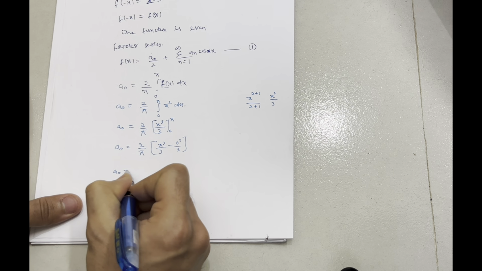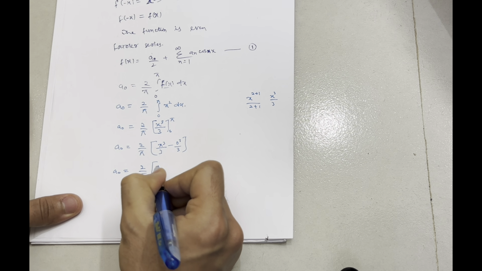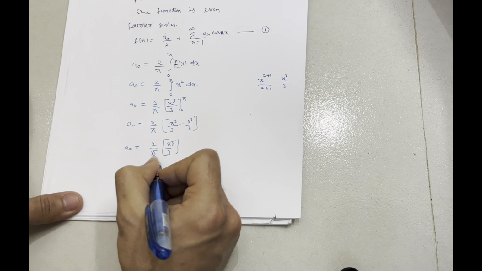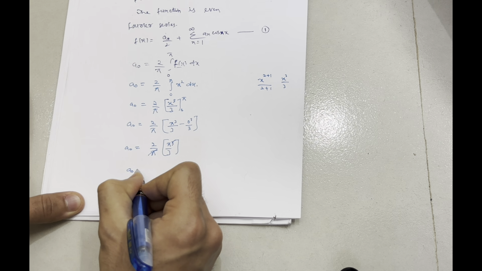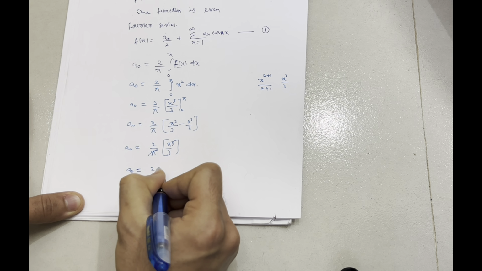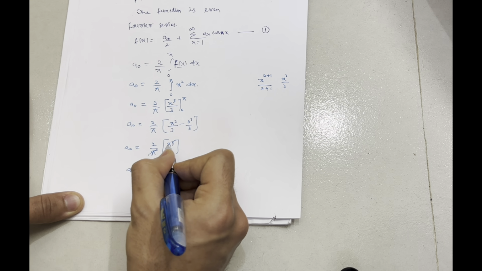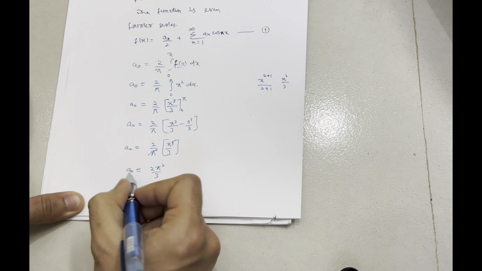This is pi cube by 3, and this 0 by 3 is nothing but 0. Now one pi gets cancelled with the pi outside. What we are left with is 2 into pi square divided by 3. So this is your a naught value.